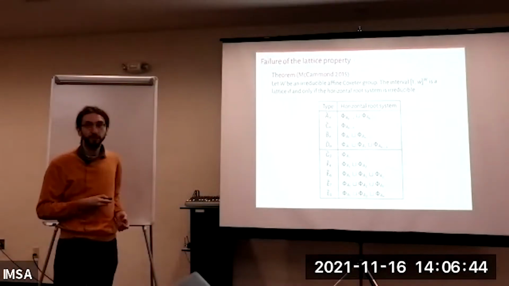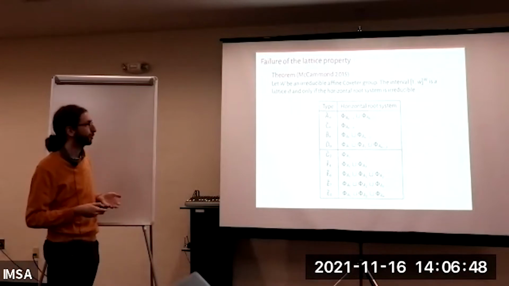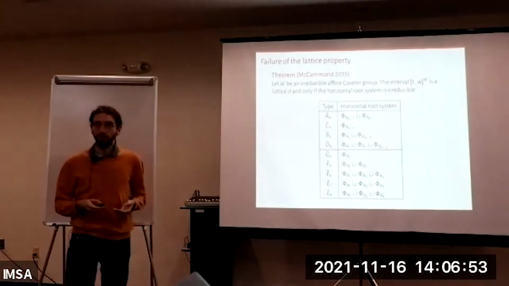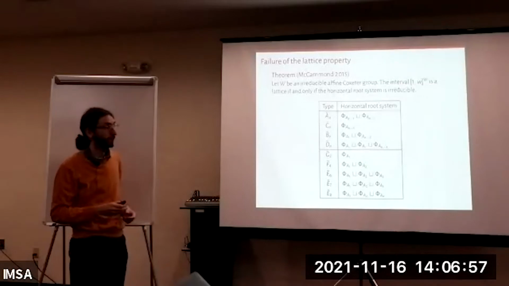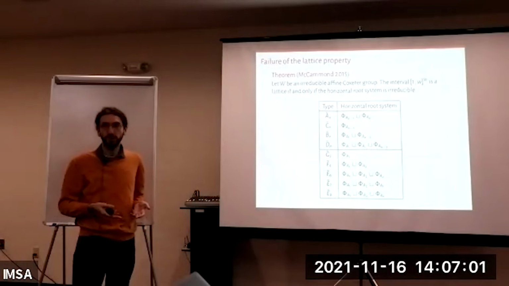And this distinction between vertical and horizontal was actually developed by McCammon when he characterized when this interval is a lattice. And as Mario told you yesterday, this is not always the case.